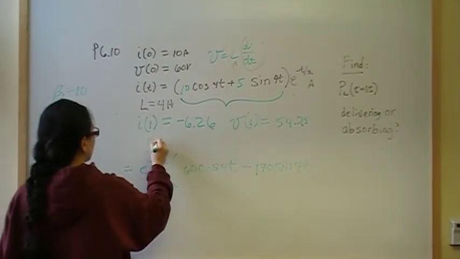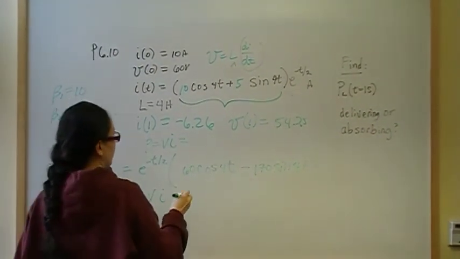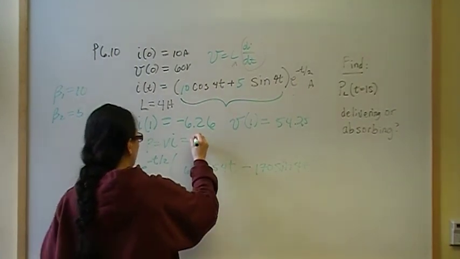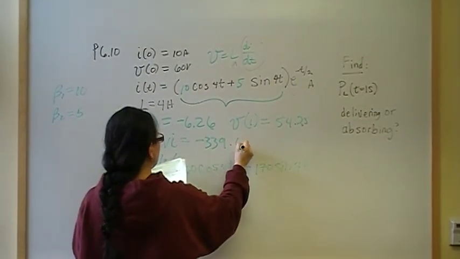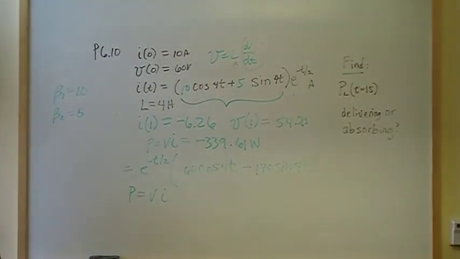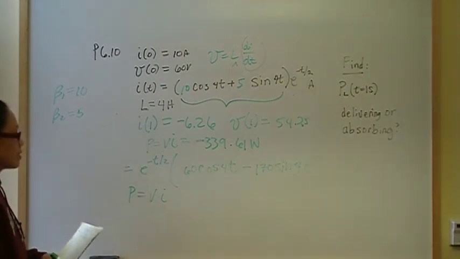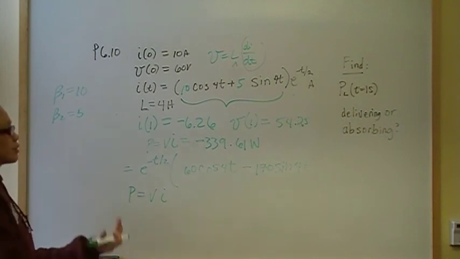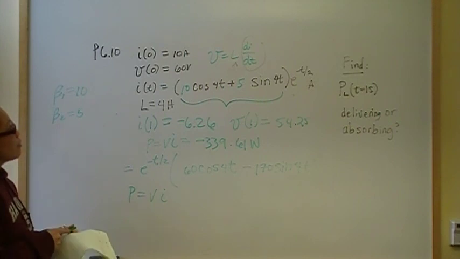So P is equal to VI, which means negative 6.26 times 54.25. You should get negative 339.61 watts. And negative power means the inductor is delivering power to the system. Positive power means it's absorbing power from the system. And that is that problem.